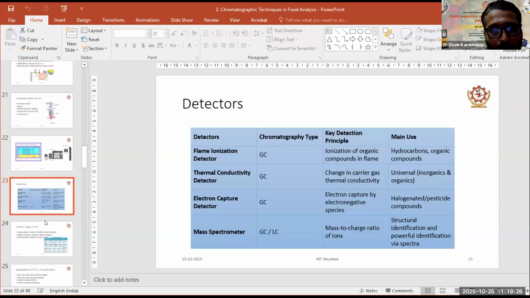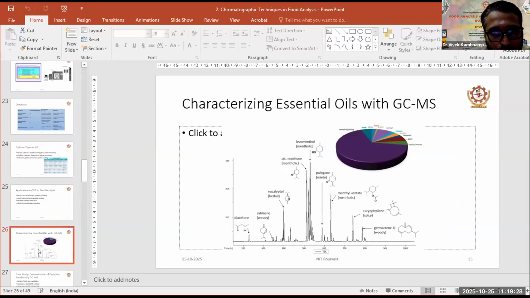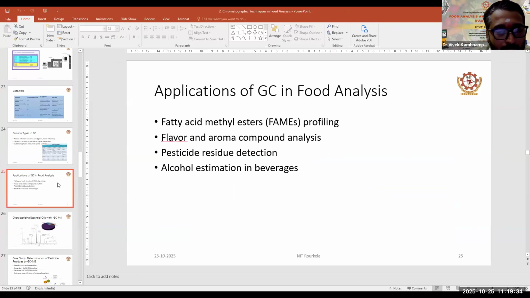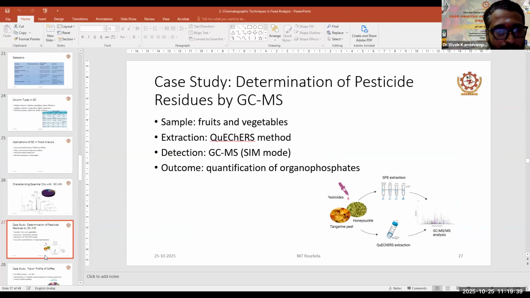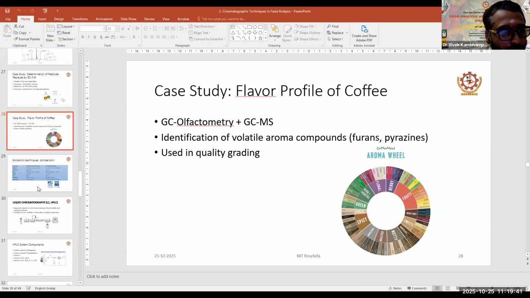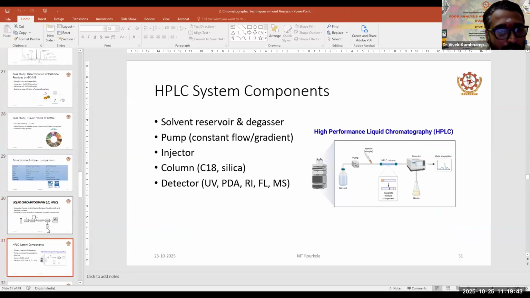Similarly, in the packed column we can also use it for fruit juice estimation, and any kind of juice estimation. So normally there will be solid portions inside the column. I could not find that in the slide.